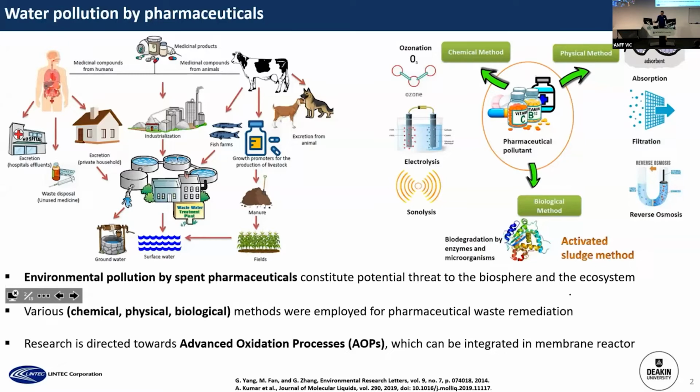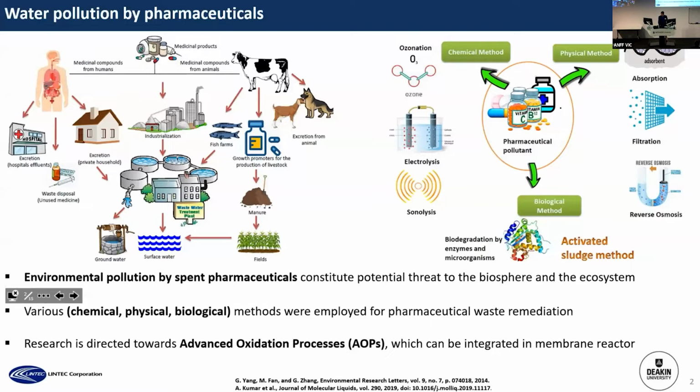However, each of these has some limitations. For instance, biological methods are not suitable because pharmaceuticals are non-biodegradable, while the physical method can suffer from membrane fouling over time. Therefore, research has been directed toward advanced oxidation processes using generation of oxidizing species to oxidize the pharmaceutical pollutants.